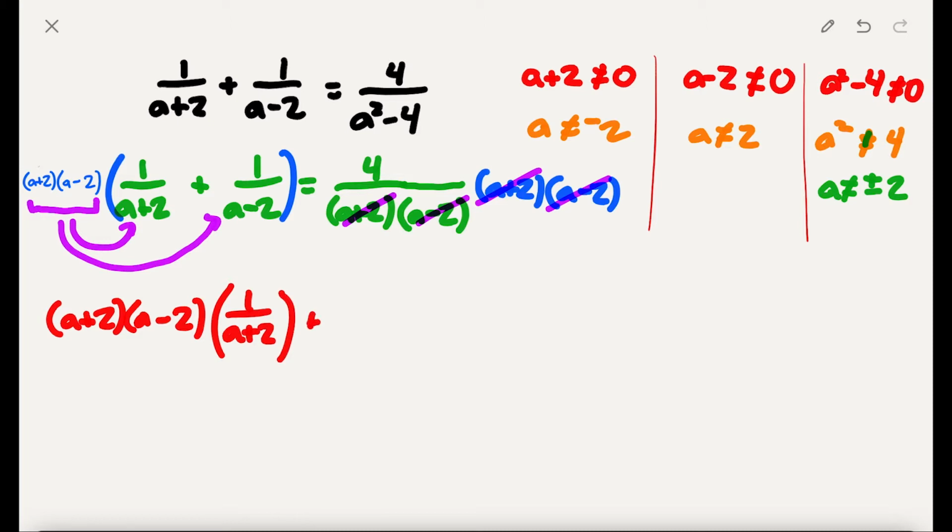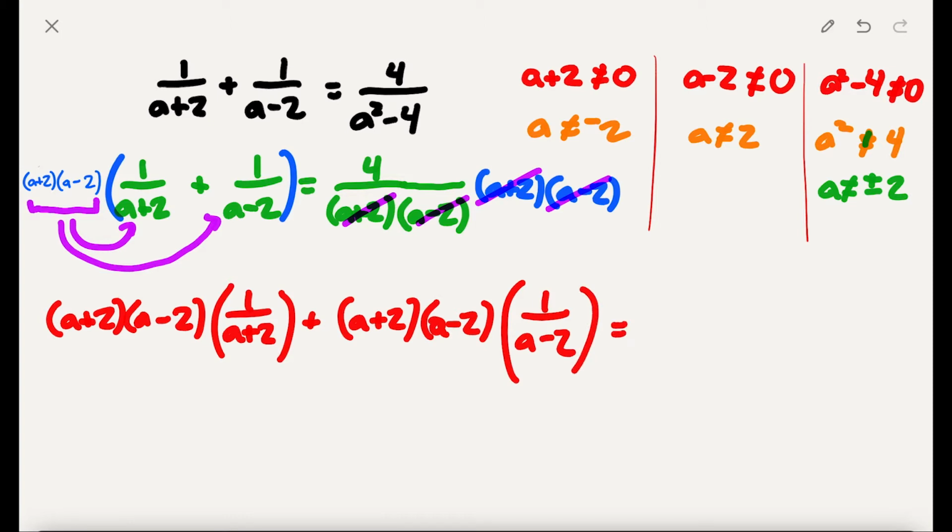For the other one, you're going to end up with the same thing with the a plus 2 and the a minus 2, only this time we're going to be multiplying it by 1 over a minus 2. And this is all going to be equal to 4, because that's the only thing left on this side over here. It's 4.